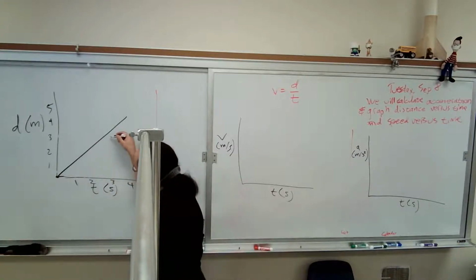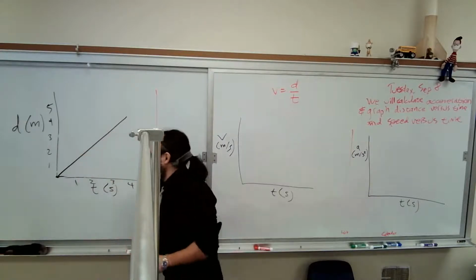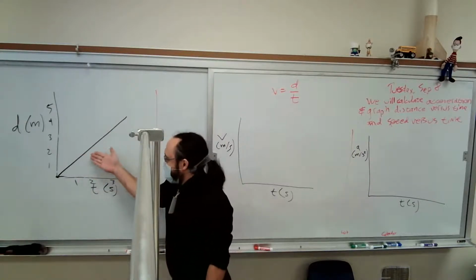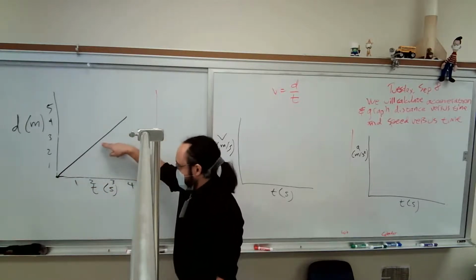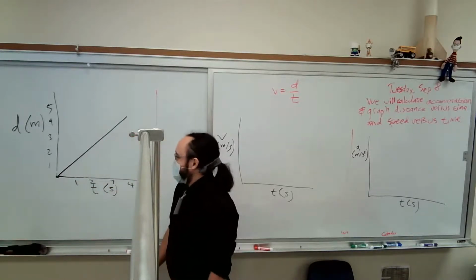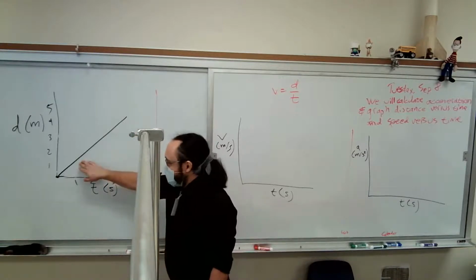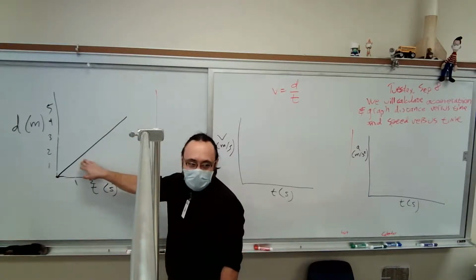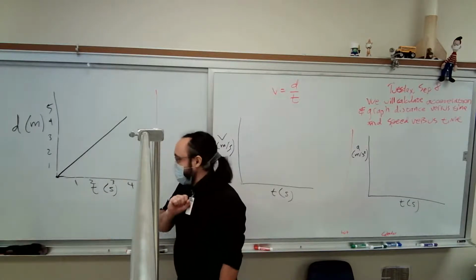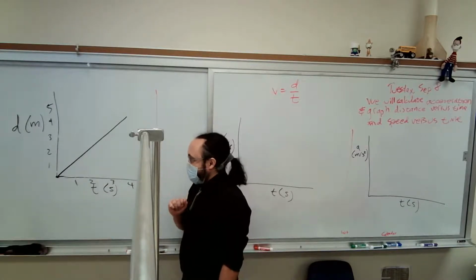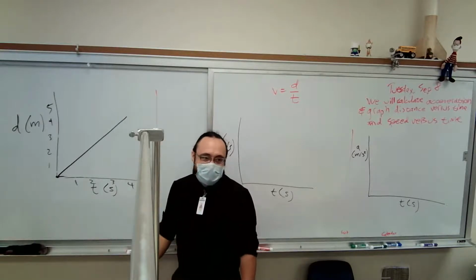After 3 seconds, I guess that's around 4 now. I tried to draw it straight, but it's increasing by about the same amount per second, 1, 1, 1 point something. So this sort of line shows that it's going at a constant speed. A straight line on a distance graph shows it's going at a constant speed.